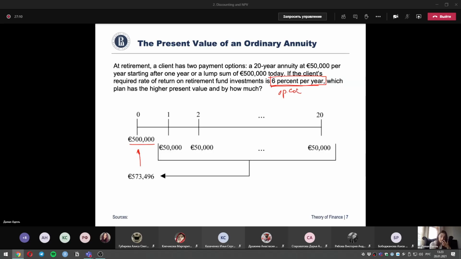Why does he do this? Because the first option provides him a higher return than the second one. So this is why we chose this discount rate.